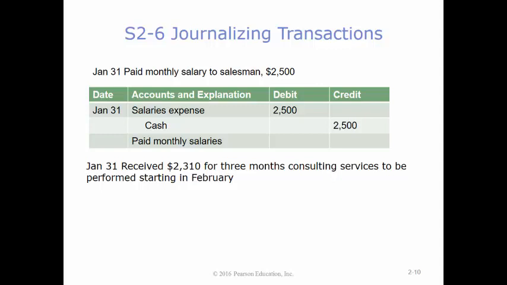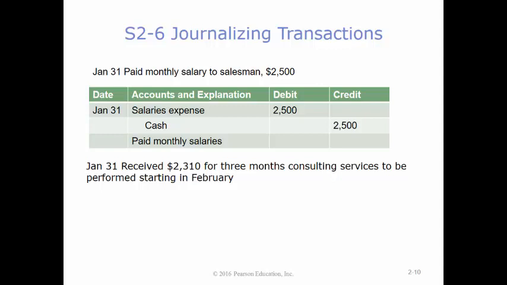On January 31st, it said we received $2,310 for 3 months consulting services to be performed starting in February. Okay, so we know we got $2,310. So that's cash. We know cash is an asset, and so we're going to debit or increase cash for $2,310. But let's look at what this says.